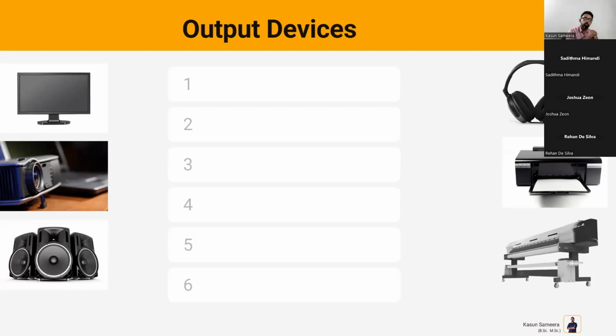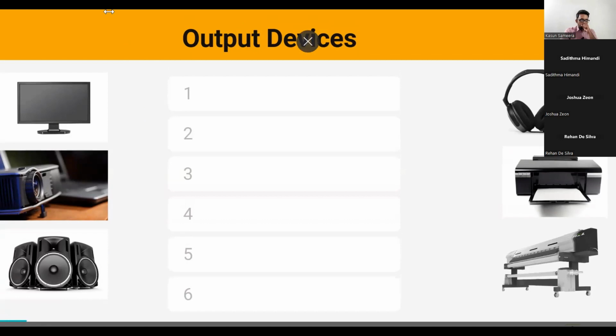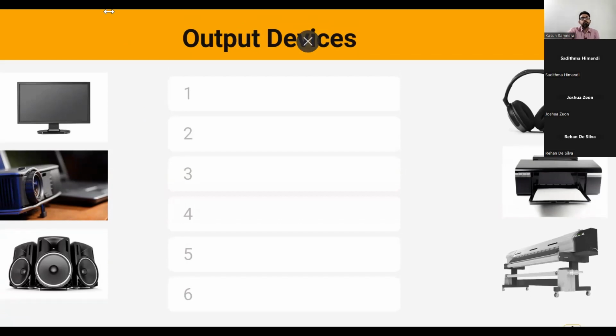It's a soft copy. Then we use a monitor or screen. The monitor or the display unit is an output device. Projector, output device. Right. Or soft copy, or it can be hard copy.